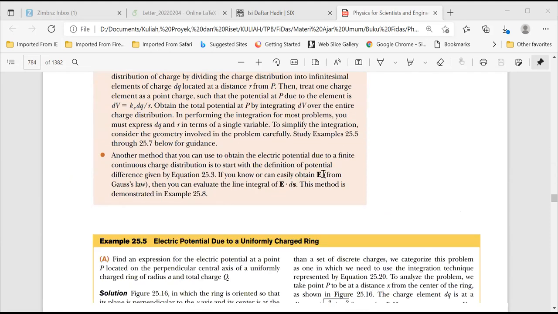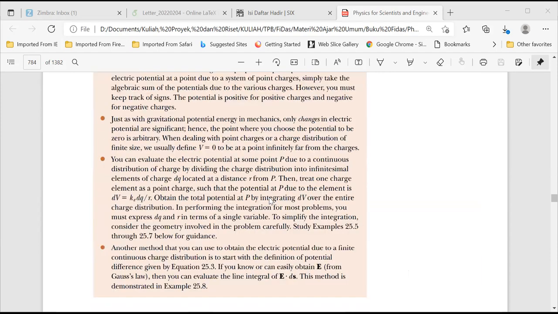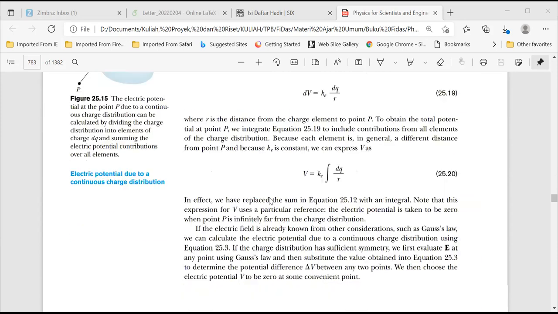So this is, for example, a uniform ring. Before I continue, I forgot to mention that for this dq, we have three cases.